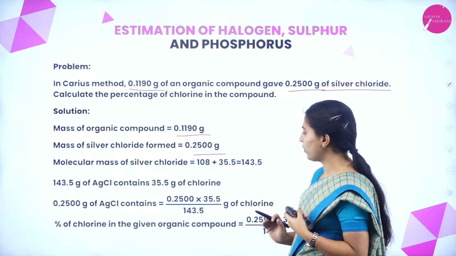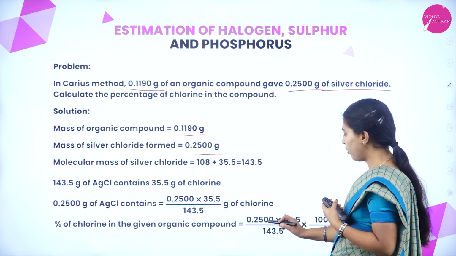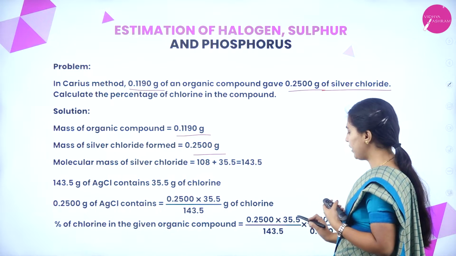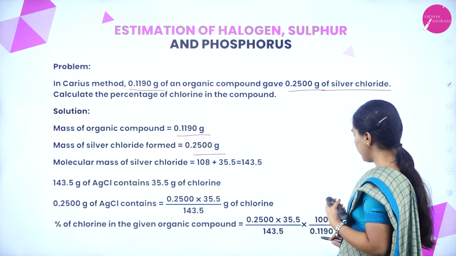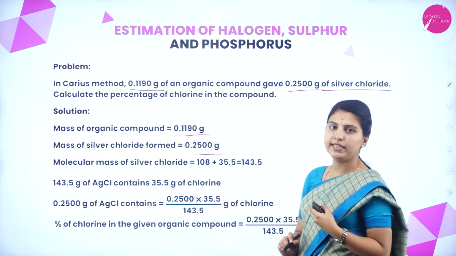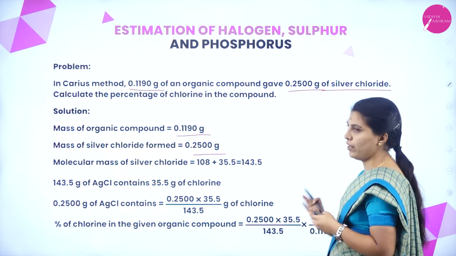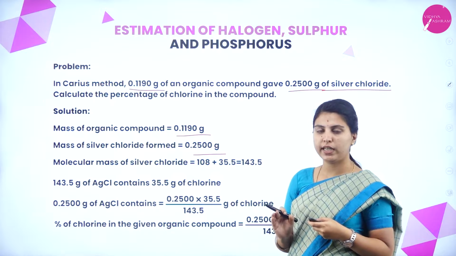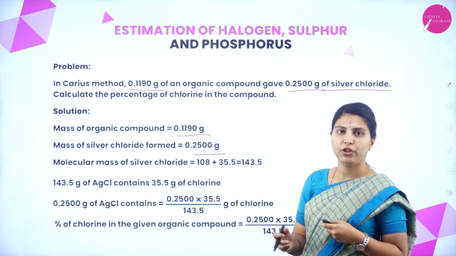So the percentage of chlorine in the given compound is this chlorine mass divided by the mass of the organic compound into 100. We get 51.97%. This is about the halogens. What you have to understand is that from the halogen, the corresponding silver halide will be formed.